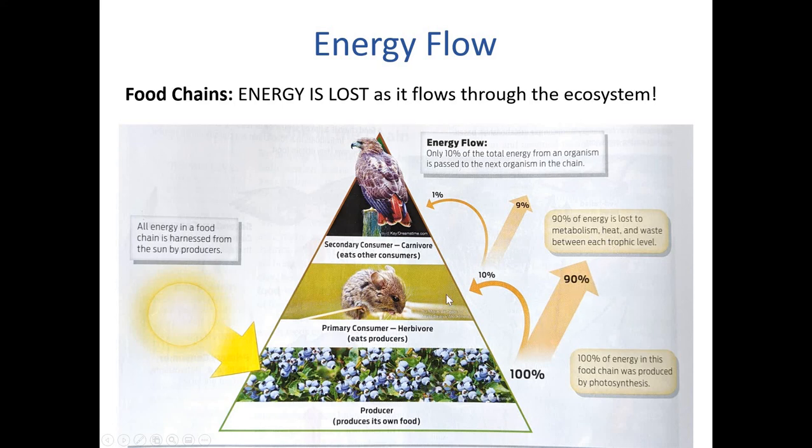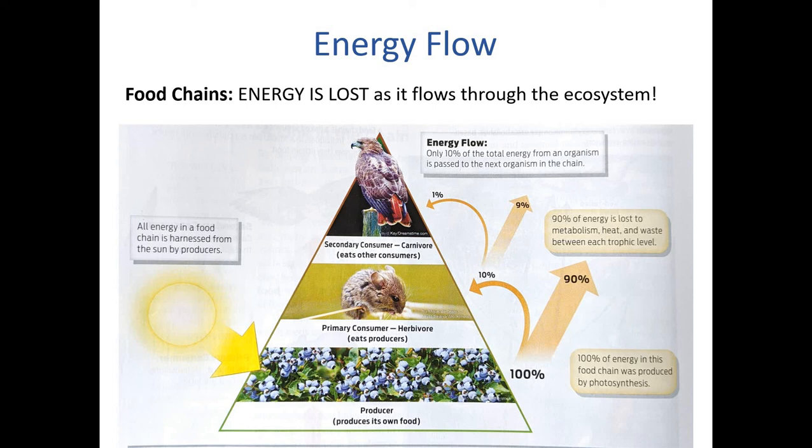And so basically between each level, about 90% of that energy is going to be lost in each case. And so by the end of the food chain, really not a lot of this initial energy that was harvested is conserved. And so we're lucky, I suppose, that we get a lot of energy continuously from the sun.